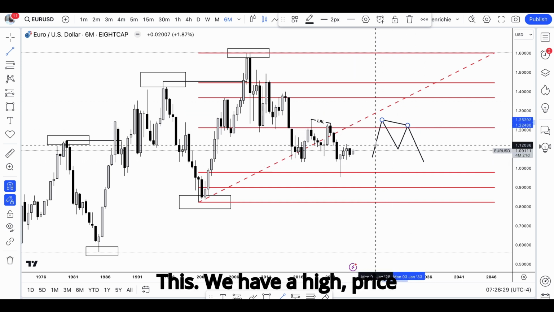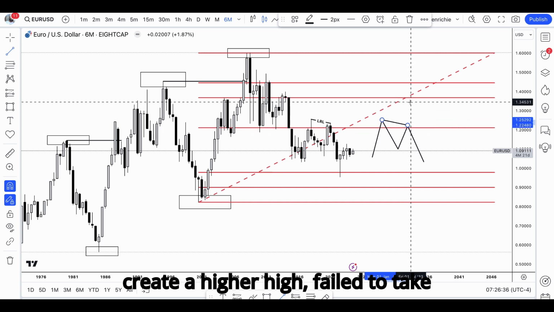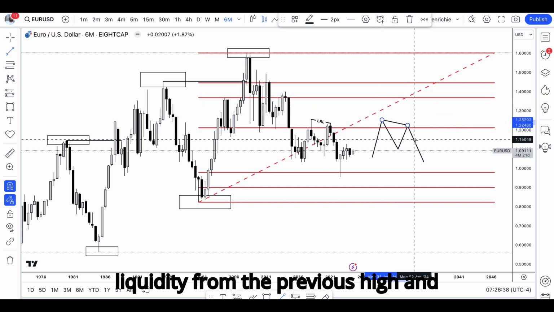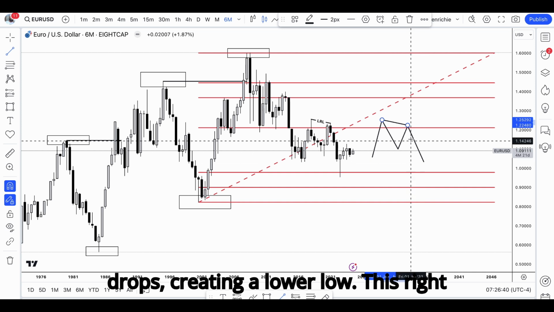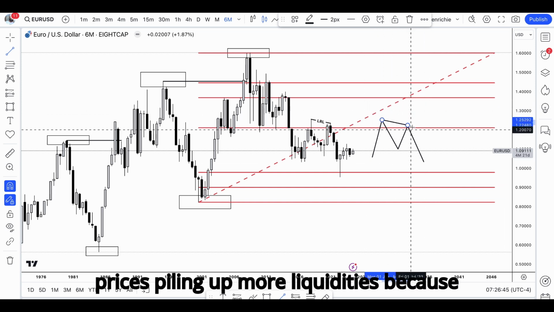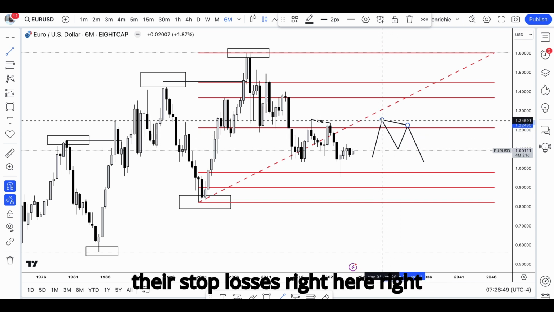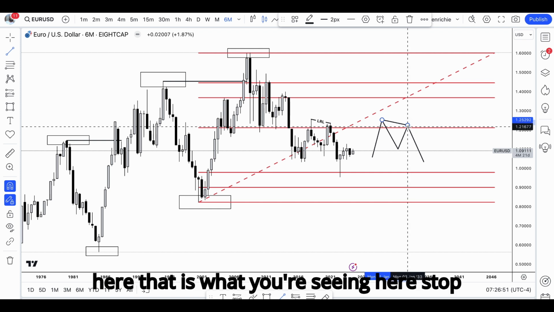We have a high, price came to the downside, came up, failed to create a higher high, failed to take liquidity from the previous high, and drops, creating a lower low. This right here is induced liquidity. Price is piling up more liquidities because a lot of traders are going to be setting their stop losses right here, right here.